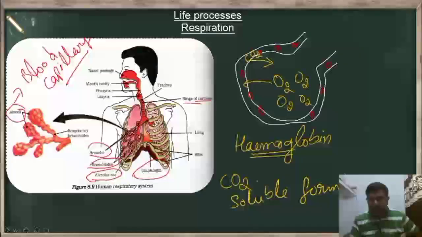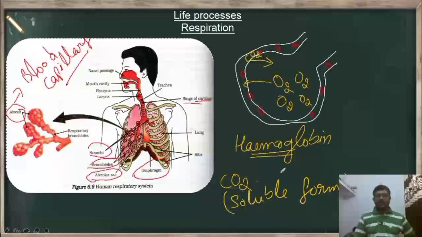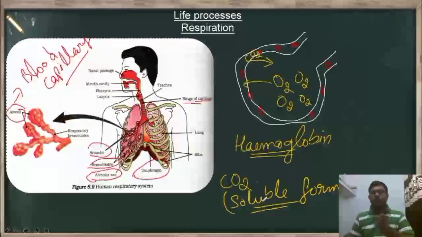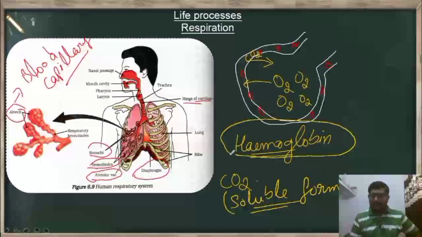We can say it as carbonic acid. That is, carbon dioxide combines with water to form carbonic acid. So carbon dioxide is transported in our bloodstream in soluble form, whereas oxygen is carried in the bloodstream with the help of hemoglobin, and due to the presence of this hemoglobin, the transportation of oxygen to each and every cell in the body is fast.